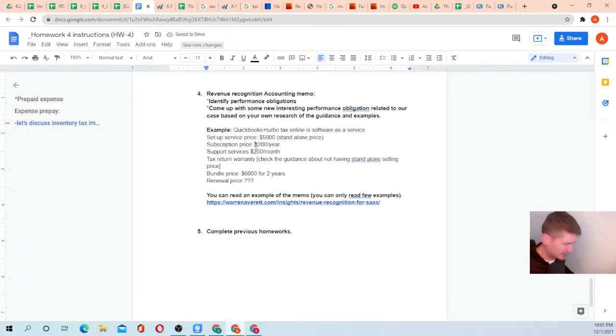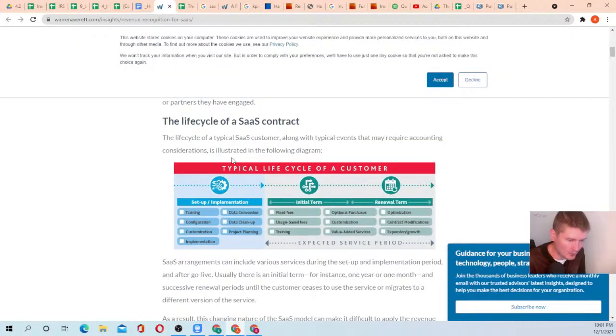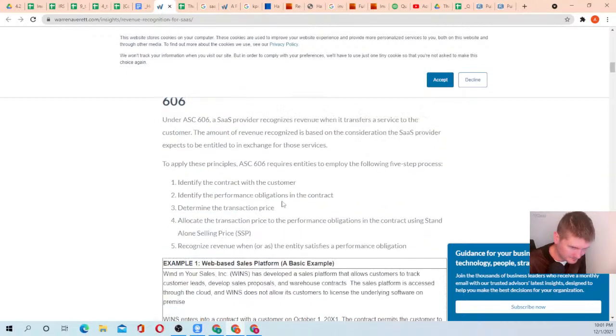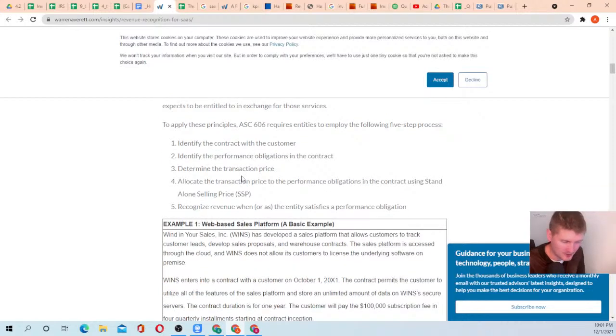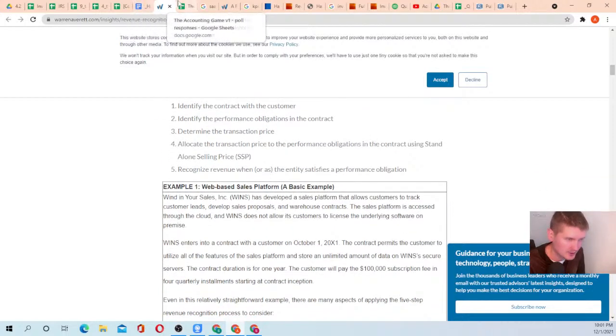And all of that in our contract is sold by a bundle price of 6,000 for 2 years. Today we are going to look at one or two of the performance obligations in that contract.